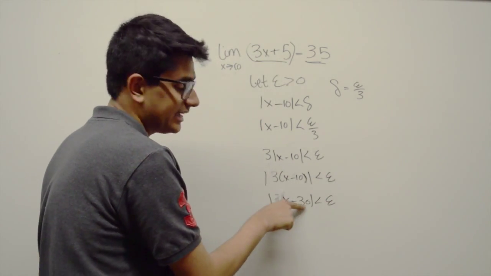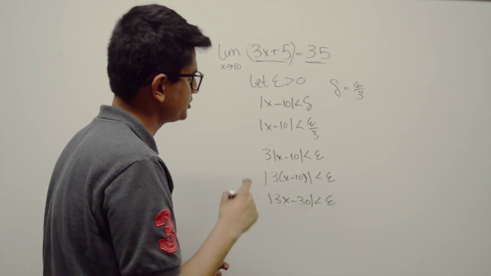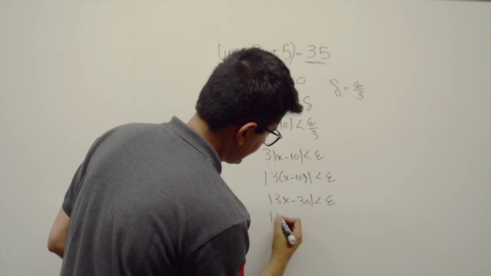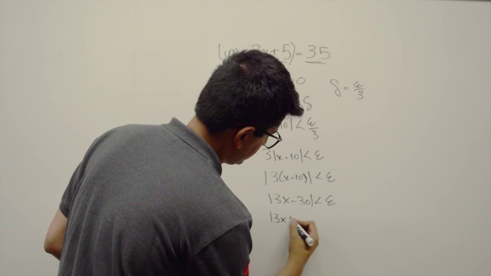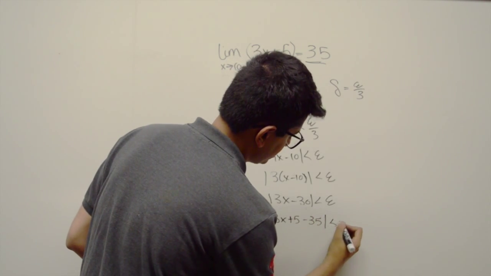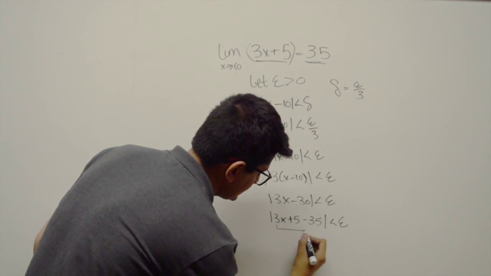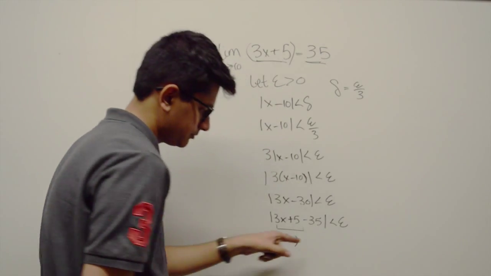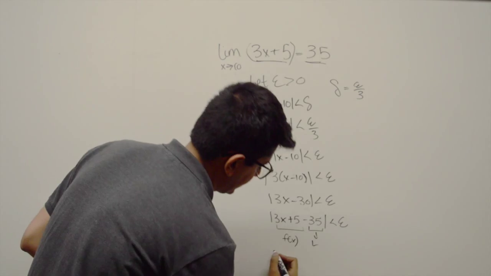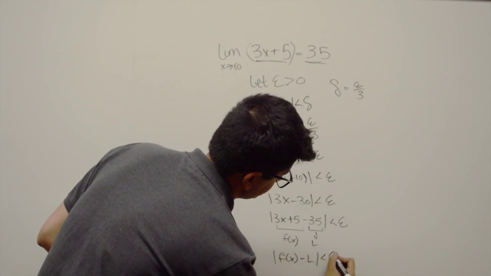The negative 30 is the same as positive 5 minus 35. So we get |3x + 5 - 35| smaller than epsilon. And from here, we know that this is f(x), and the limit is 35, which is L, which means that |f(x) - L| is smaller than epsilon.